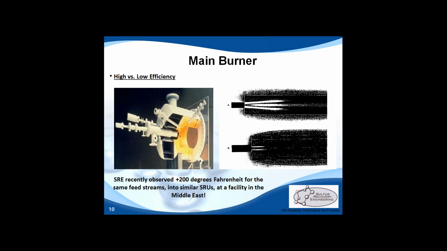So just with an enhancement in the design of the high efficiency main burner, we were able to achieve a temperature change in our favor of about 200 degrees Fahrenheit when comparing a high to low efficiency main burner.